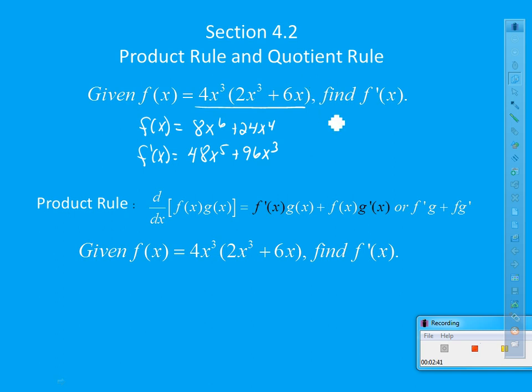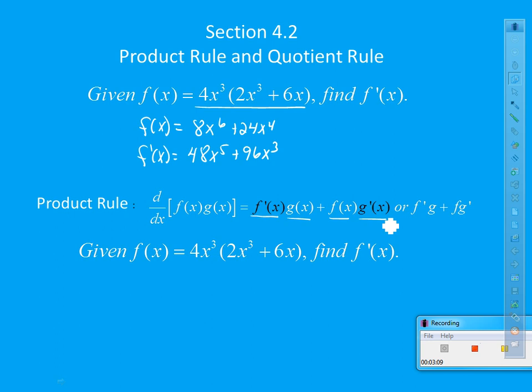The product rule says this: the derivative, d dx, of 2 functions multiplied together can be found by doing this. Let one function be f of x, let the other function be g of x. The derivative then is the derivative of the first function times the second function plus the first function times the derivative of the second function.